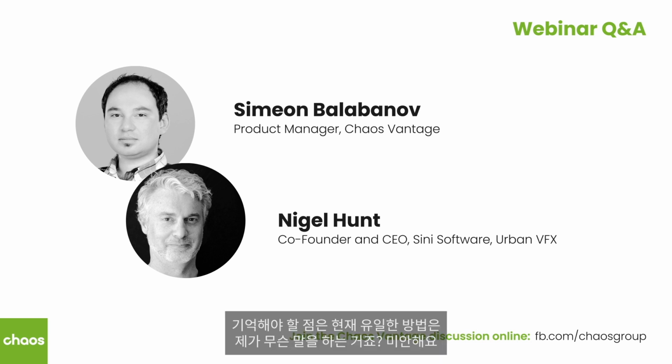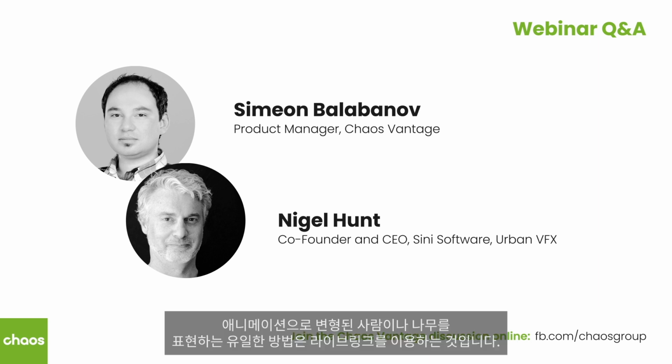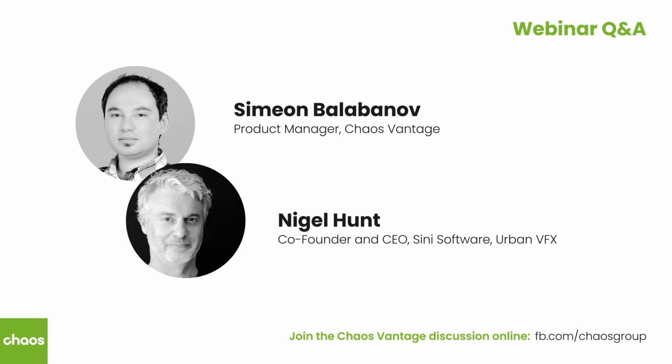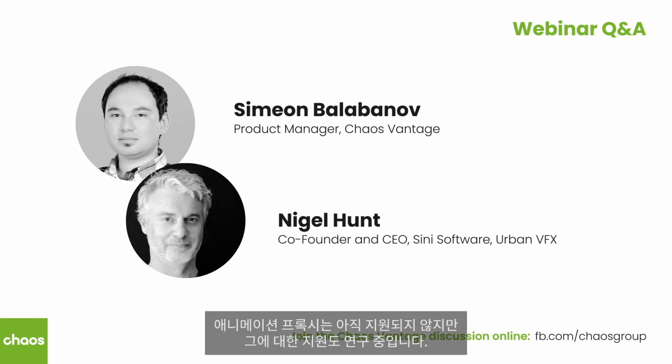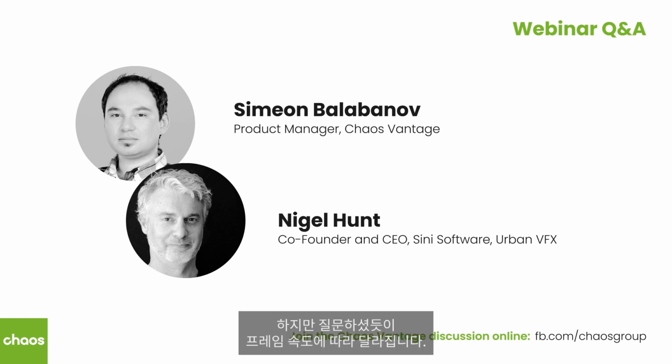Just bear in mind that the only way to have any kind of animated deformed people or trees is through LiveLink, and even animated proxies are not supported yet. We are working on support for those, but again, it depends on, as you asked, the frame rate.